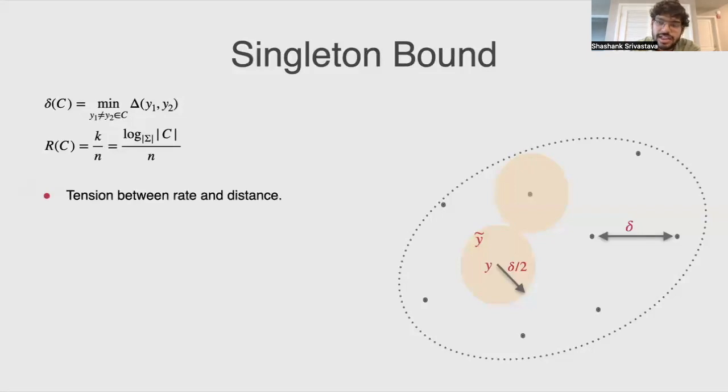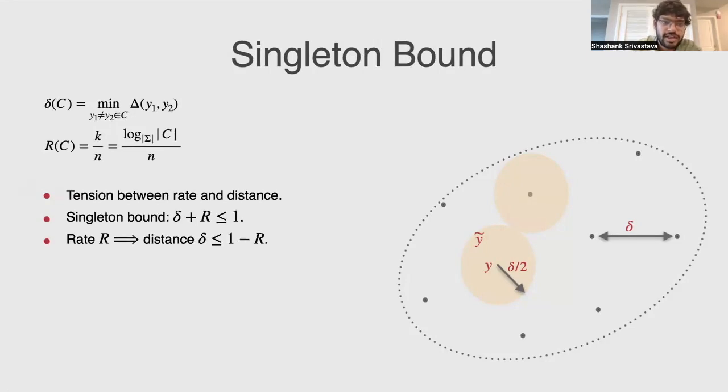And as we increase the number of code words, maintaining distance for the same code becomes more and more difficult. There is this tension between rate and distance. The most intuitive bound that captures this tension is called the Singleton bound, which simply says that the sum of the rate of a code and its distance cannot be more than 1. So for a given rate r code, the distance has to be at most 1 minus r.